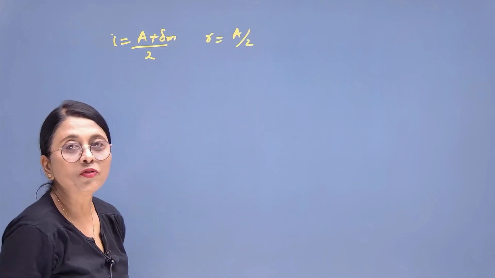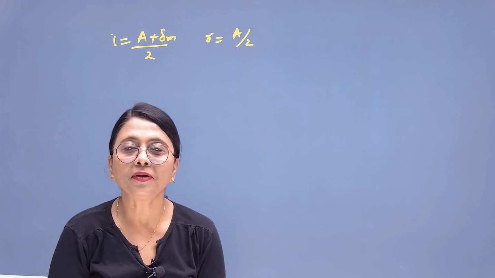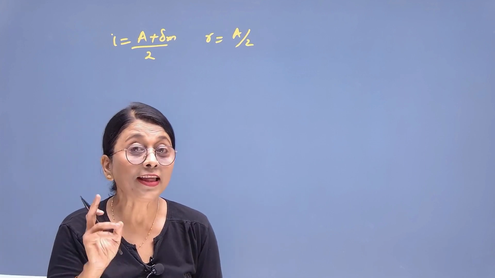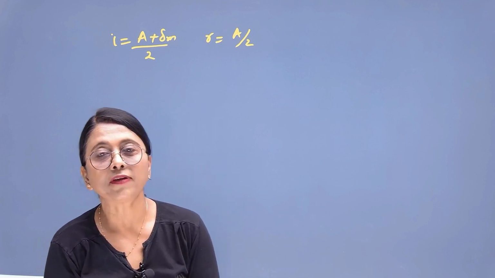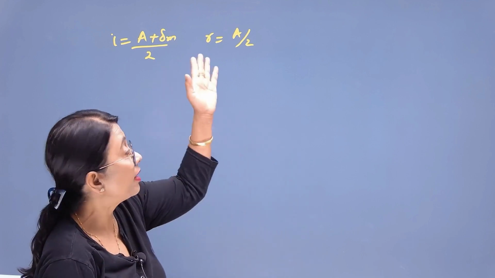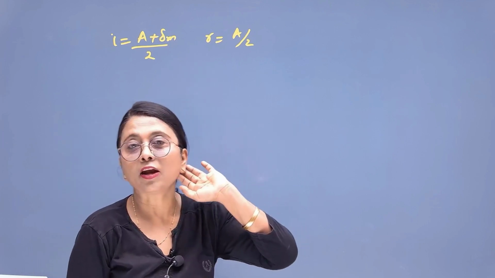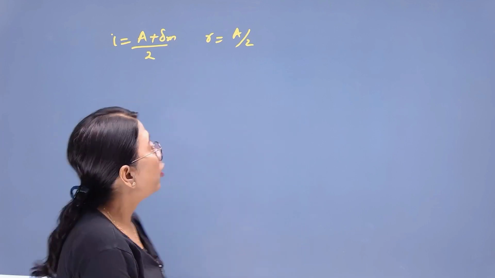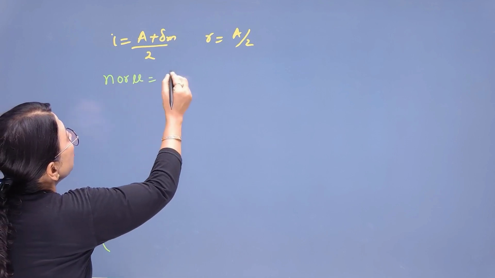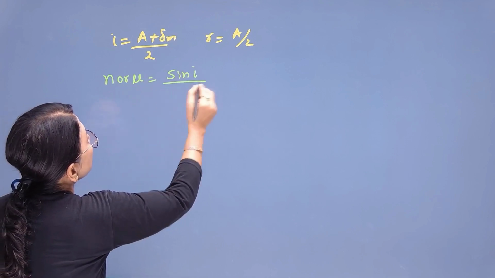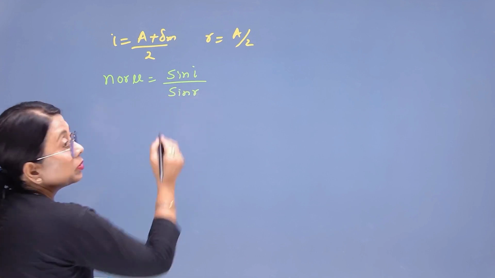And now we have to derive the prism formula. It's very simple. The prism formula from Snell's law, we are going to use the Snell's law. क्योंकि prism formula एक relation है refractive index का और इन सब angle का. So we know that from Snell's law, mu is equal to sin I by sin R.